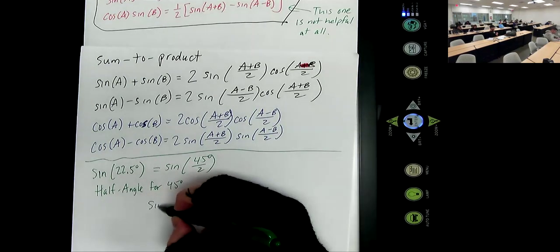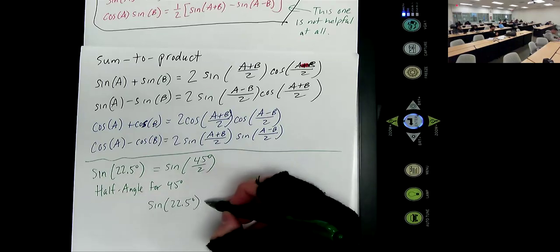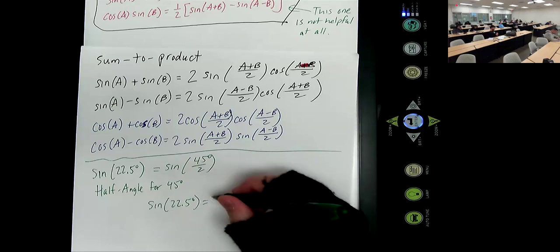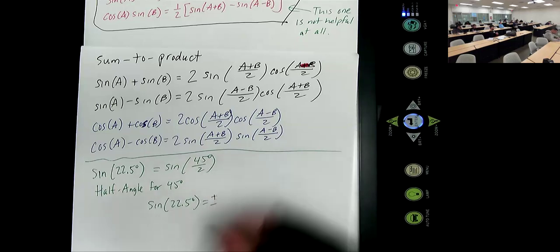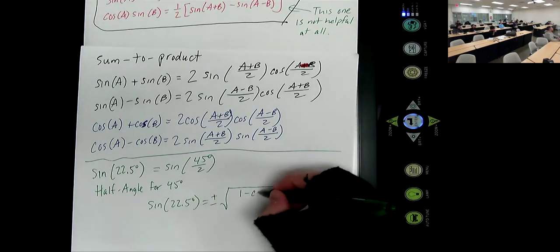So sine of 22.5 would have a plus or minus, and we're gonna cross out the wrong one in a second. You're doing 1 minus cosine of 45.